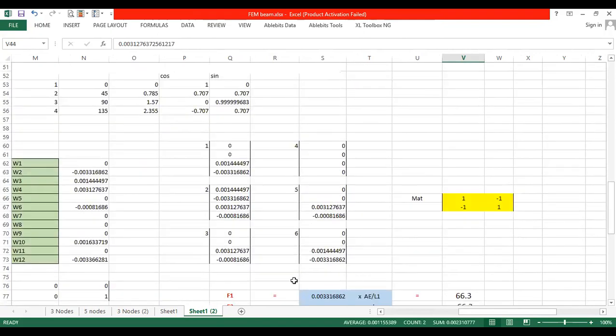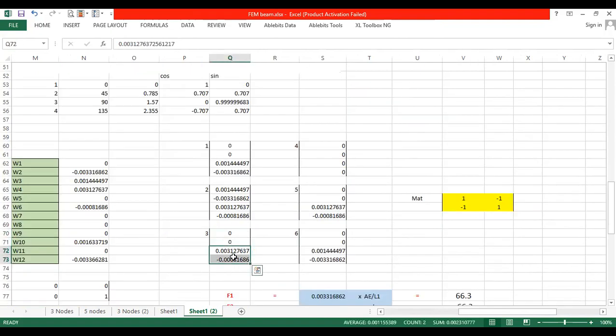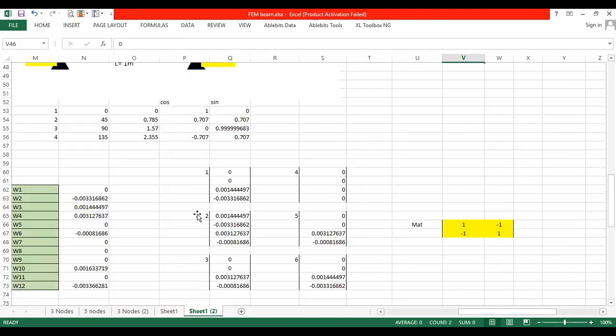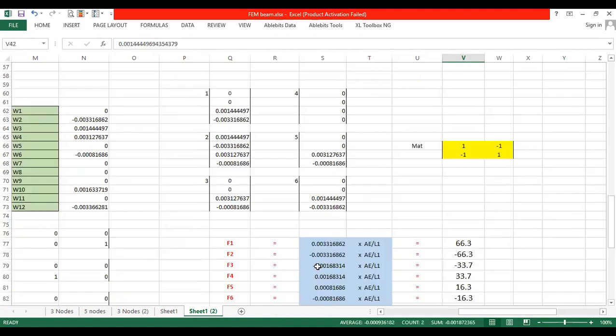Element 4 is from 1 to 4, u1 v1 u4 v4. Element 5 is 1 to 3. Element 6 is 4 to 2, which means u4 v4 u2 v2, right?